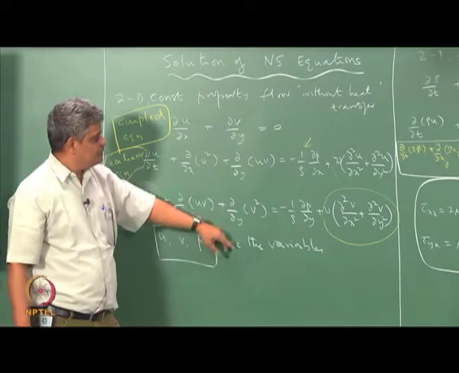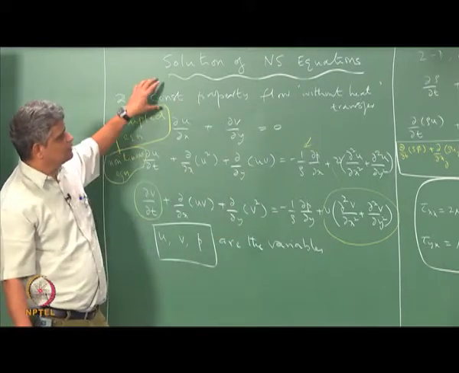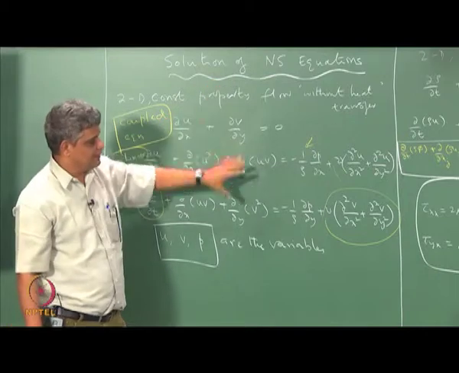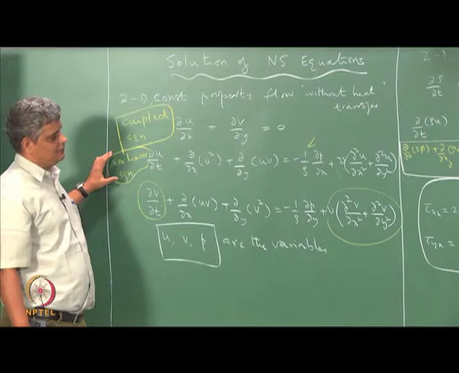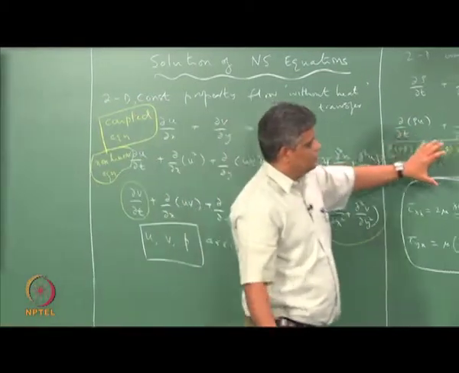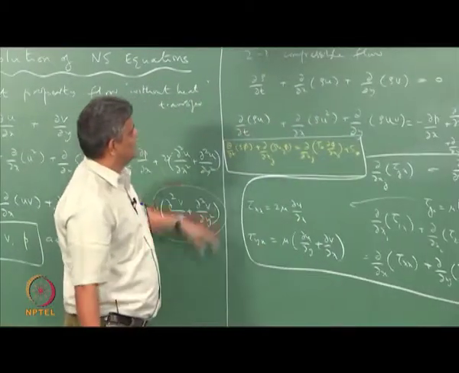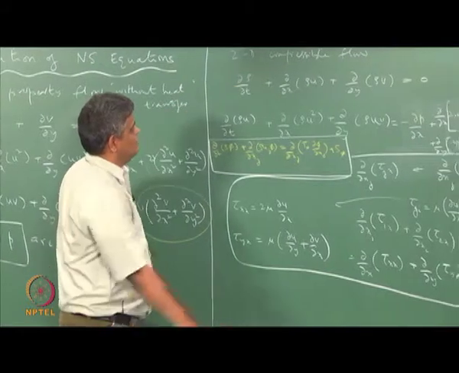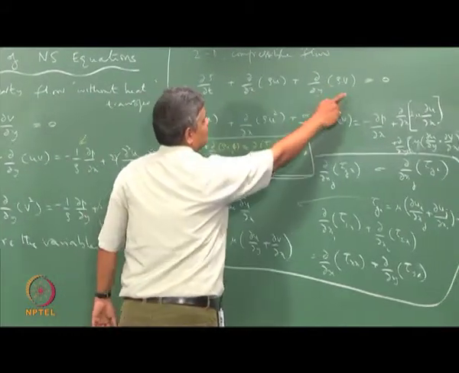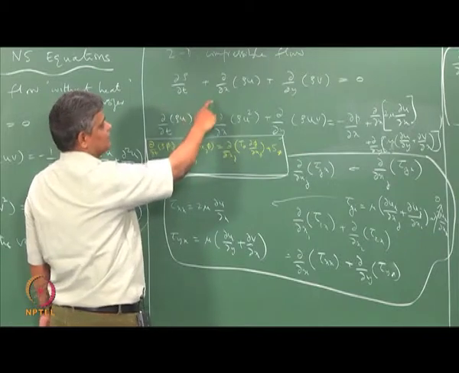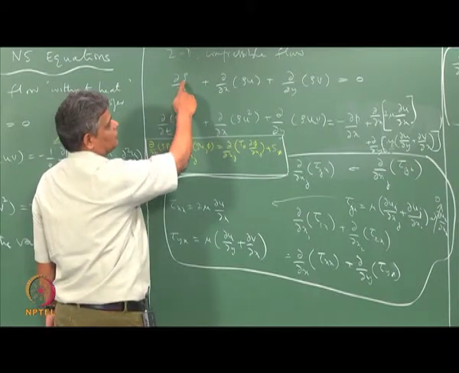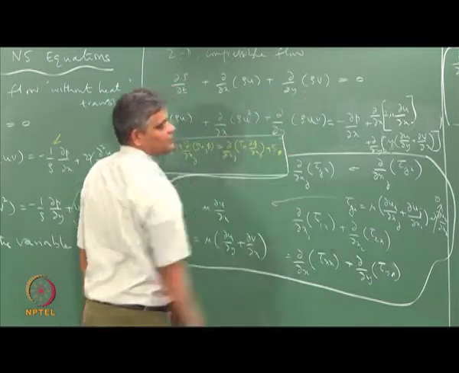So, in that sense, when we look at the constant property flow, in the simplest case we have coupled equations and nonlinear equations. Now, you come here in this particular case of compressible flow, again you have the same situation that this equation here is involving three variables, rho which is not known, u which is not known, and v which is not known.